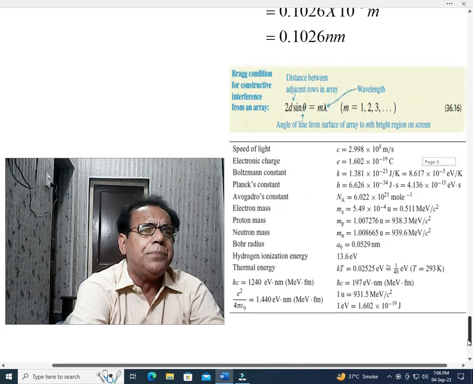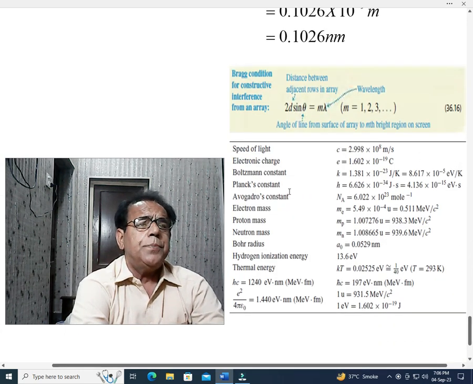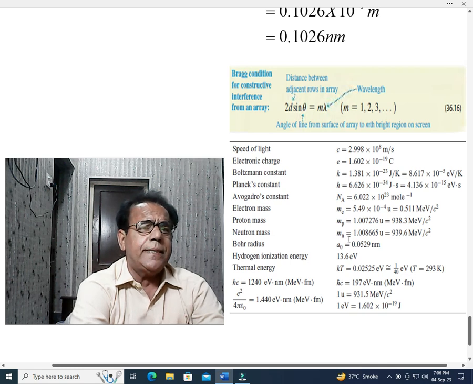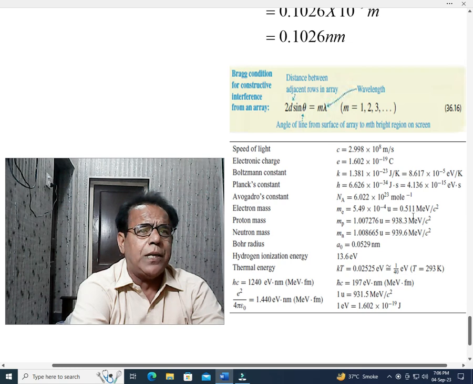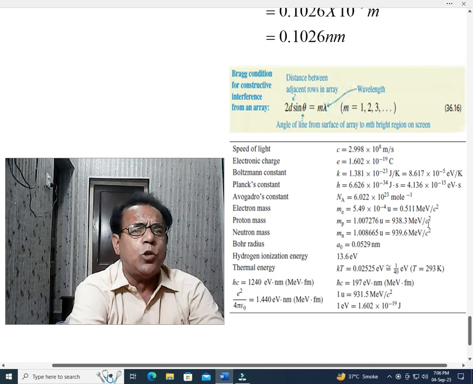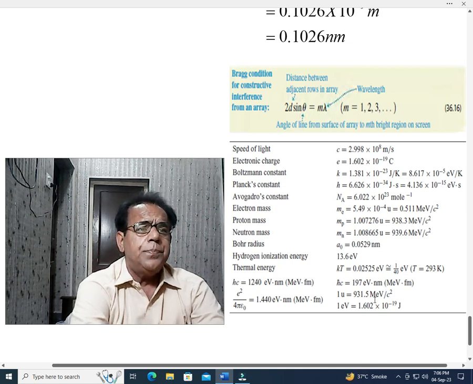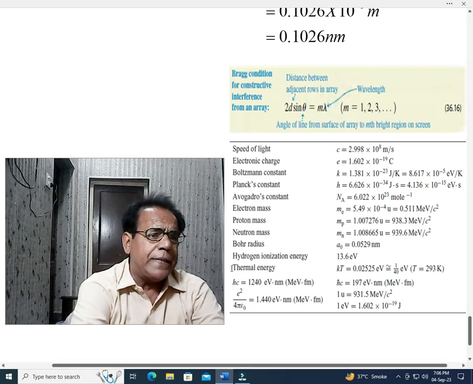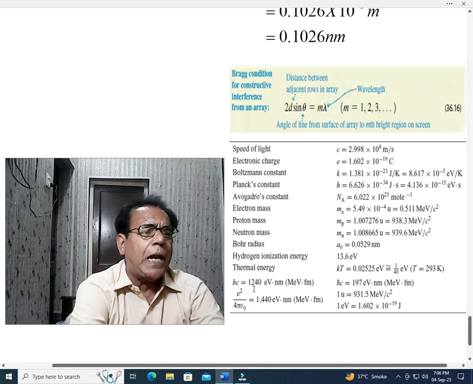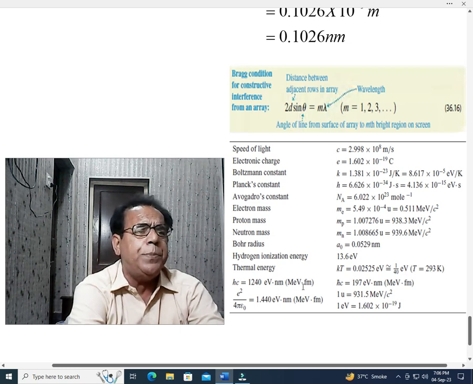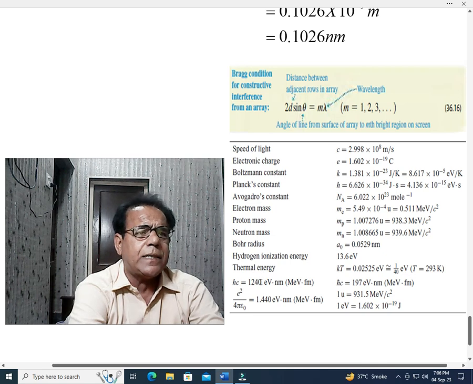Yes, this is the table. Here m_e is equal to 0.511 million electron volt over c square. Mass of proton is equal to 938.3 million electron volt over c square. And the combined value of hc is equal to 1240 electron volt nanometer. It can also be written as million electron volt into femtometer, but we will take this first value.